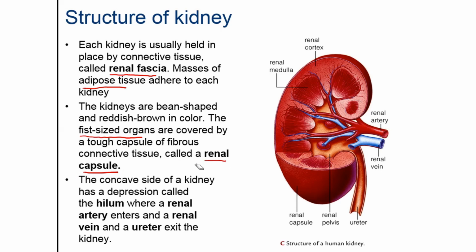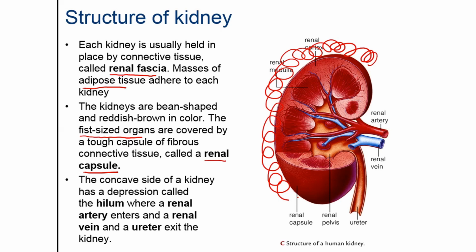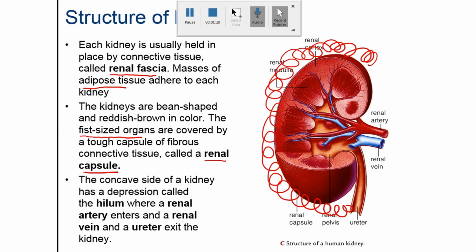So don't confuse the renal capsule with the fascia. The capsule is the casing of the kidney, very thin, and gives it a tough, elastic surface. And the renal fascia would be like adipose tissue that is surrounding the kidneys.